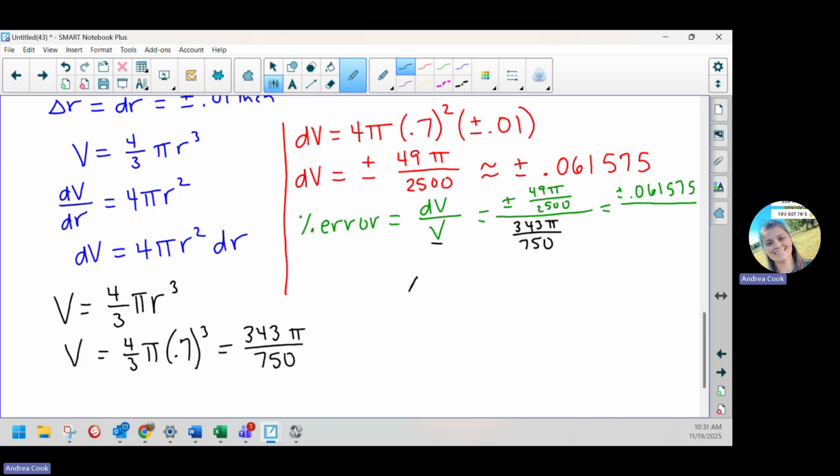But your percent error, when you put this whole thing in the calculator, obviously you leave out the plus or minus. It gives you 3 over 70, which is approximately plus or minus 0.0429, I believe.